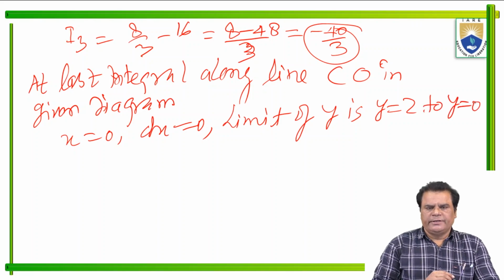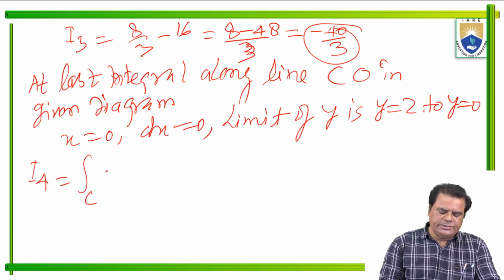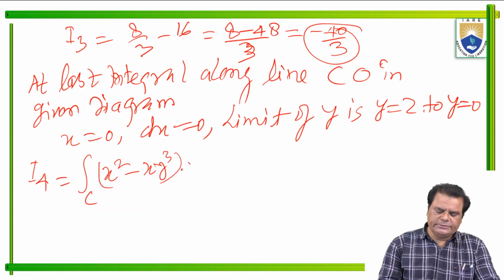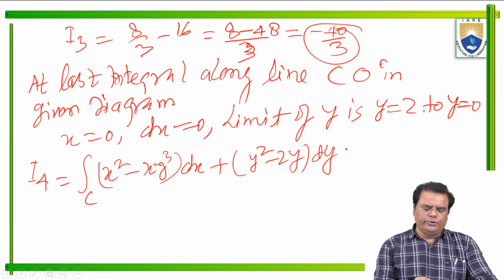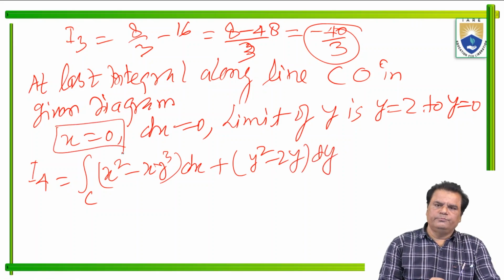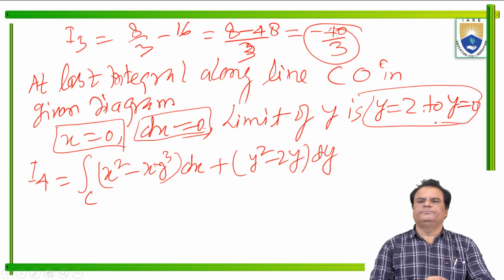Putting these limits in the integral, we get I4. I4 is the integral along CO of x square minus xy cube dx plus y square minus 2y dy. Here x is 0 and dx is 0, and the limit of y is 2 to 0.